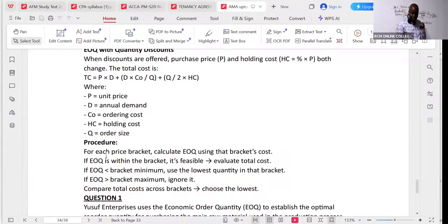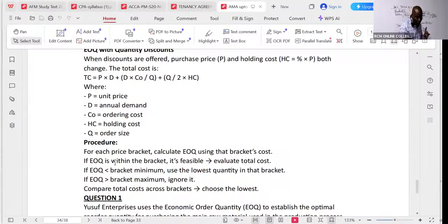For each bracket, calculate EOQ using that bracket's cost. That's number one. If EOQ is within the bracket, it's feasible; evaluate the total cost.